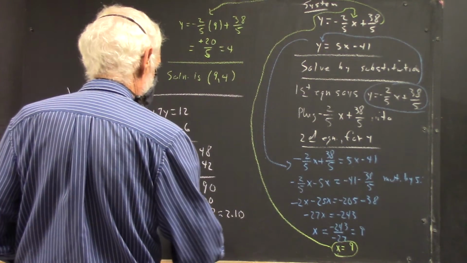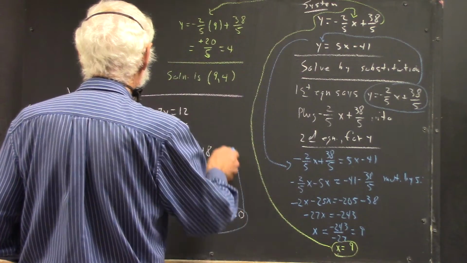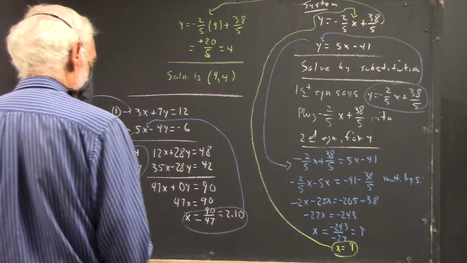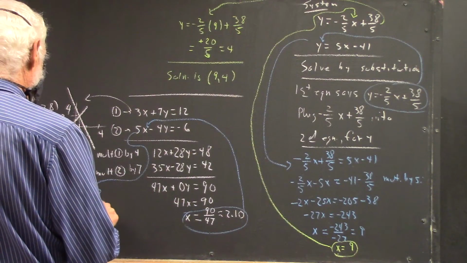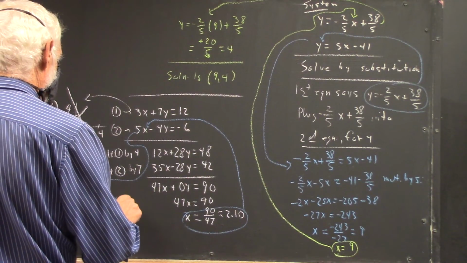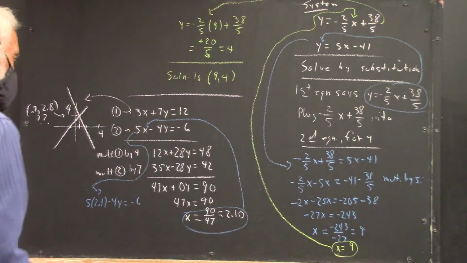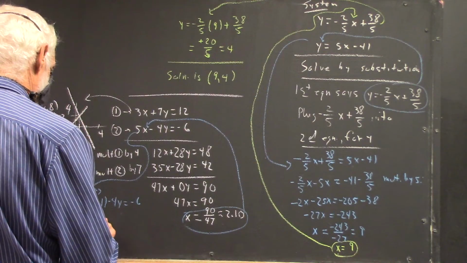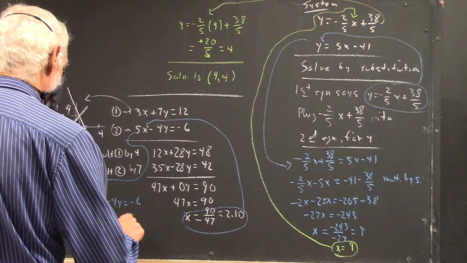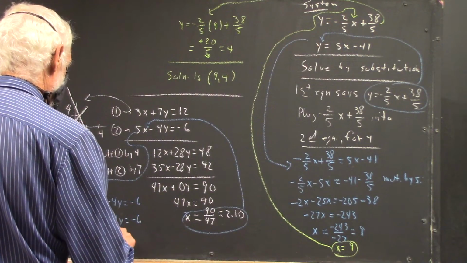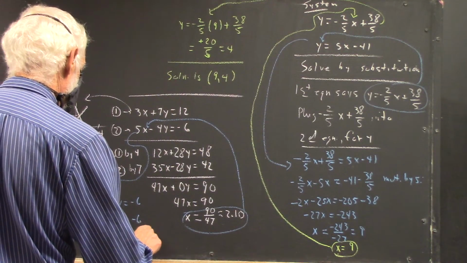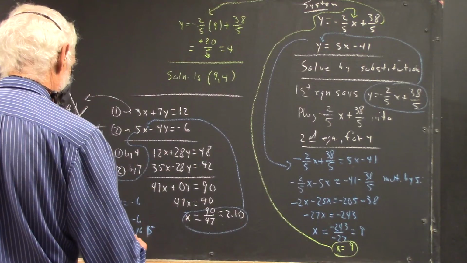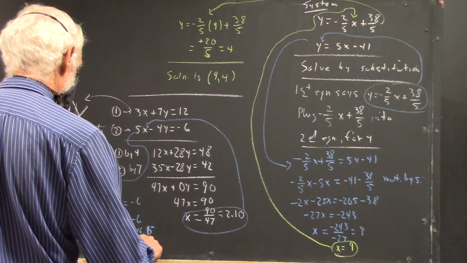We take this and plug it into this equation, which gives me 5 times 2.1 minus 4y equals negative 6, which gives me 10.5 minus 4y equals negative 6, which gives me negative 4y equals negative 16.5. And y equals roughly 4.1.